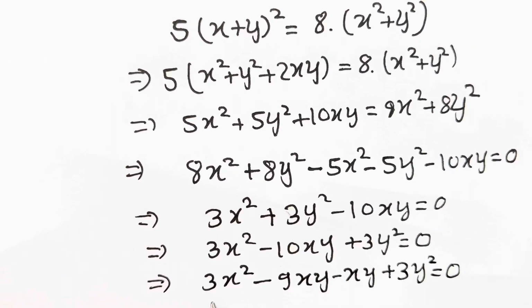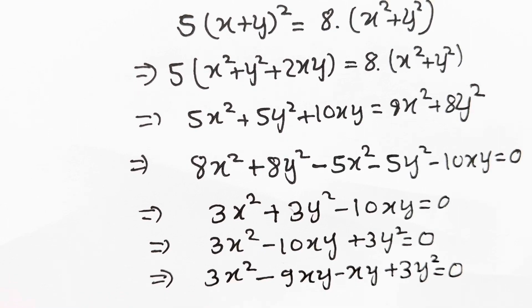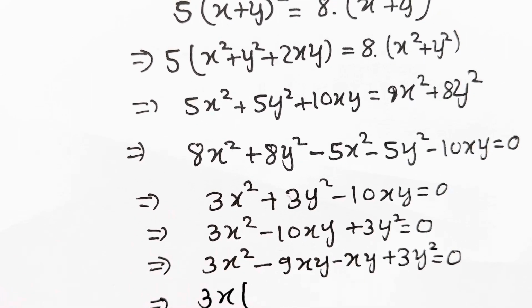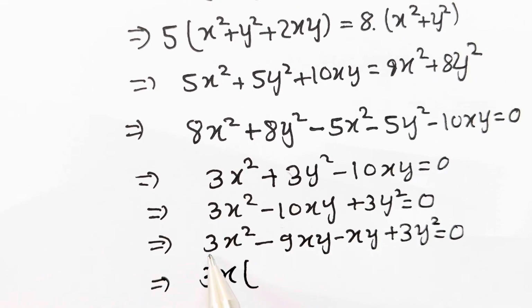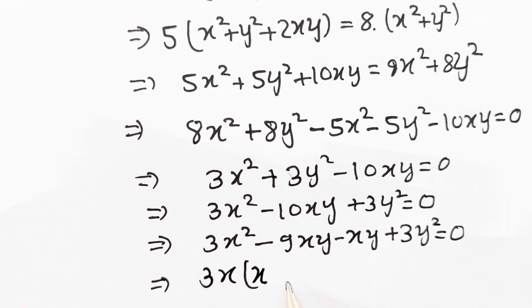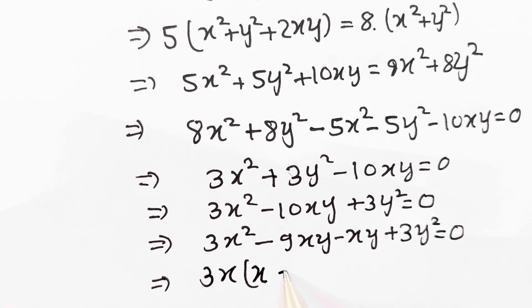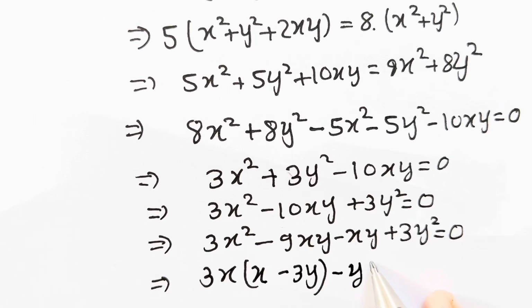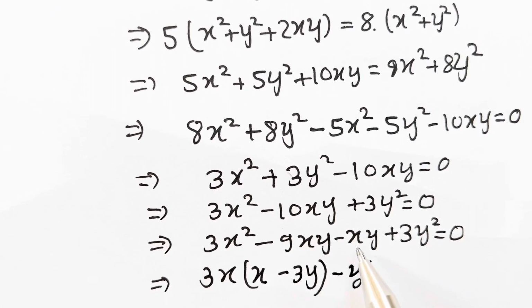Now I am taking out 3x from the first two parts of the equation. So 3x, what is left? 3x square divided by 3x is x, minus 9xy divided by 3x is minus 3y. And from the last two parts of the equation I am taking out minus y. What is left?